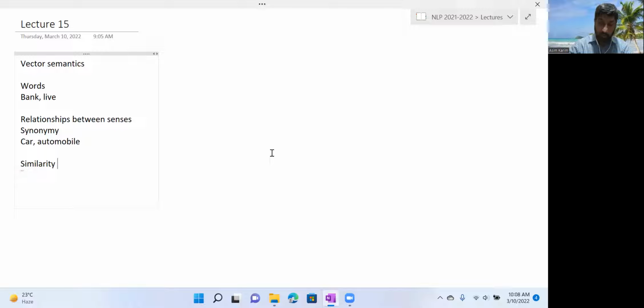Last time we said that in the context of NLP, if two linguistic units are represented as vectors, you can quantify the similarity using the cosine of the angle between those vectors, which is called cosine similarity. So cosine similarity would quantify the similarity between two words.